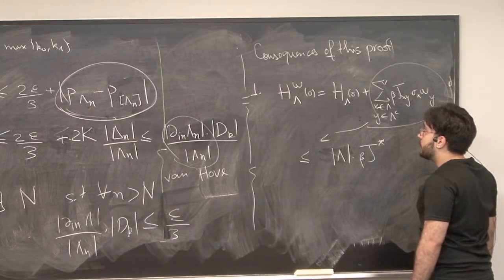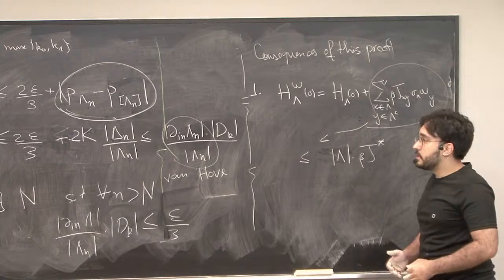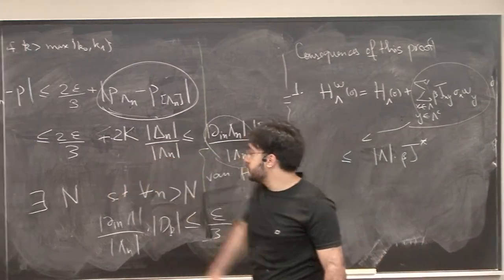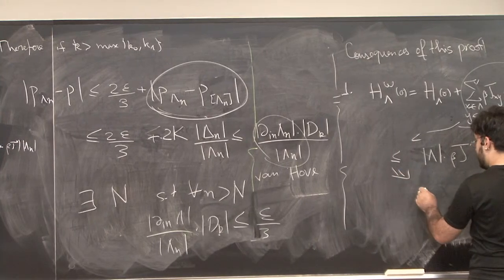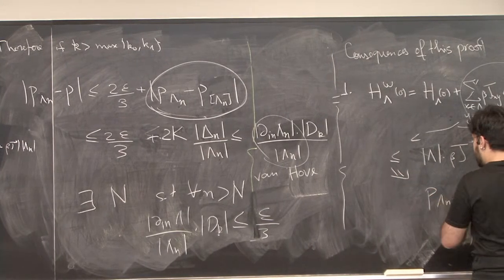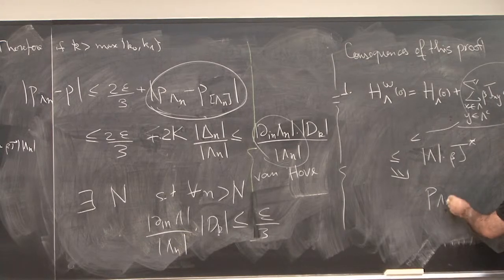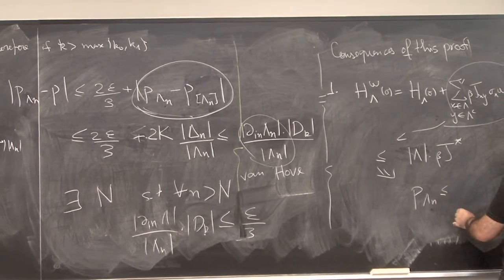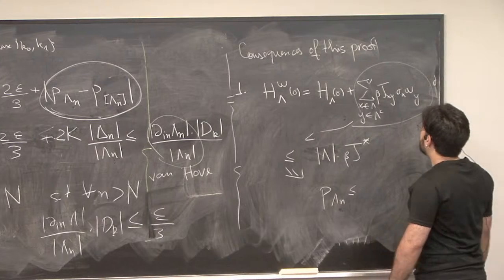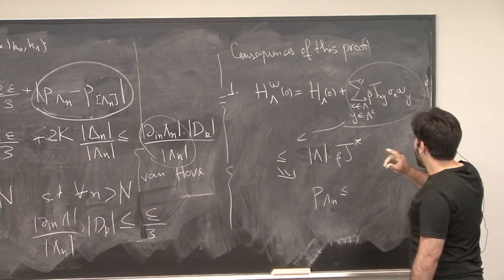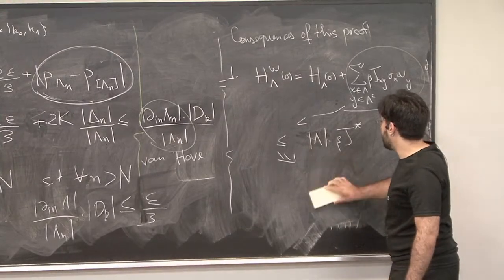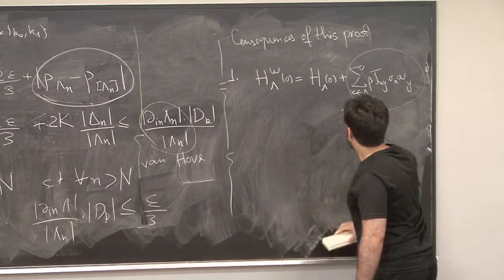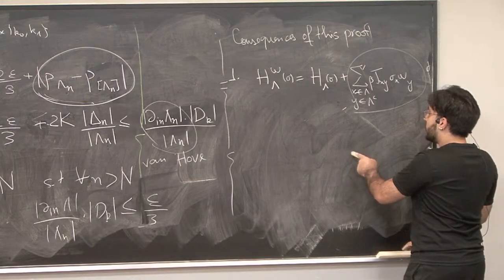So what this means is that by the same argument that we did before, this implies that the pressure in a finite volume with empty boundary condition is less than... okay, actually we need to have a little more care with this, because I don't want the volume here.